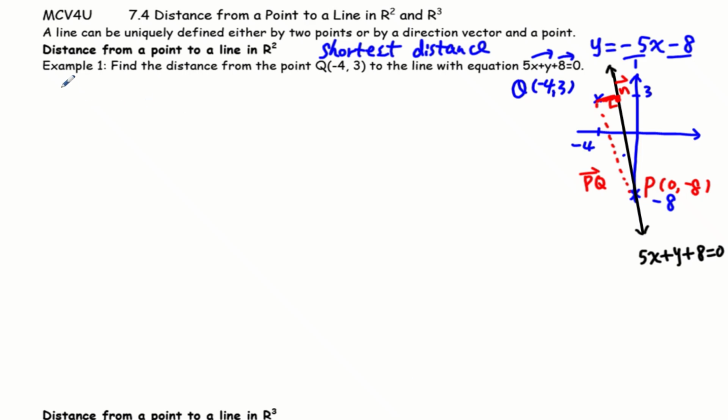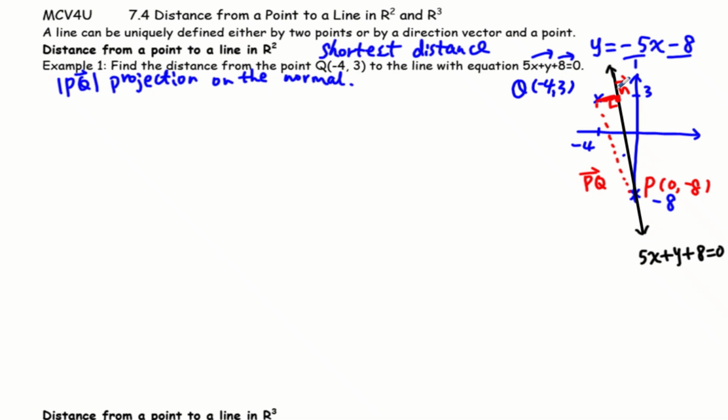So PQ projection on the normal will give us the shortest distance.